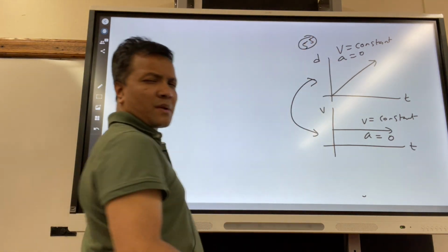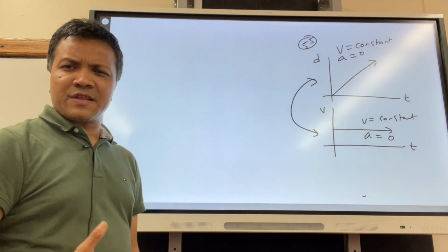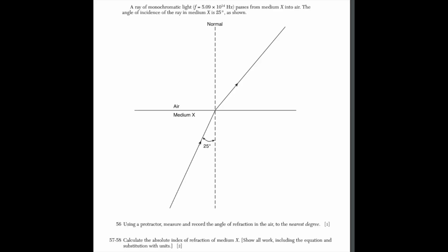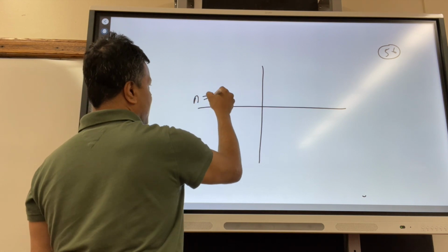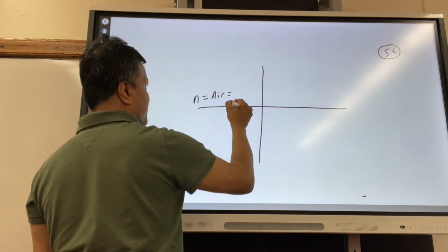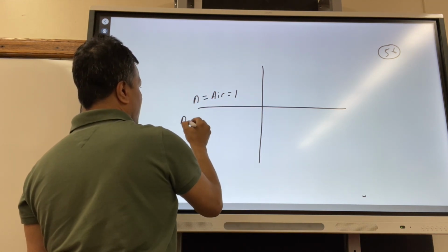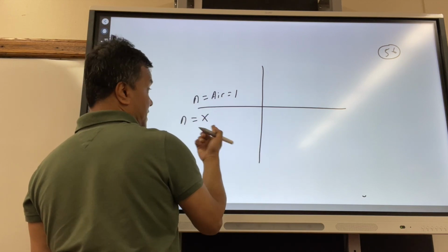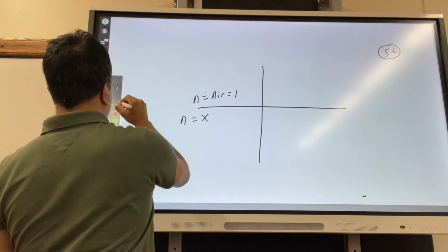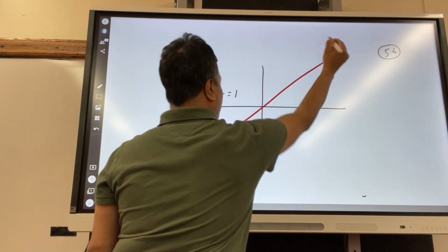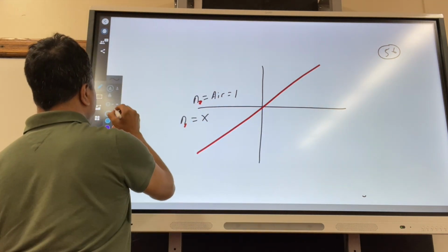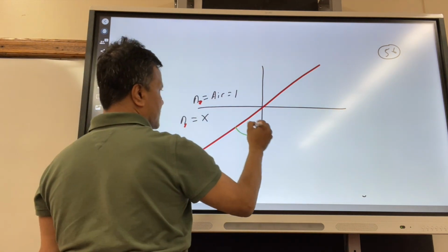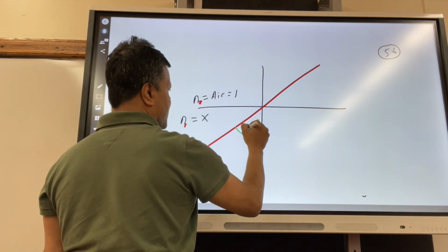Now we're going to do problem 56, and that is Snell's law. N1 is air, so index of refraction for air is 1, and N2 is X, unknown. So a light moves from N1 to N2 with 25 degree.